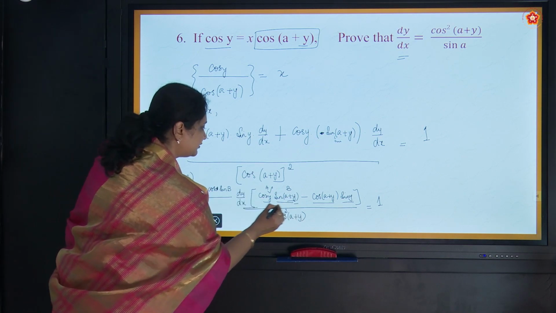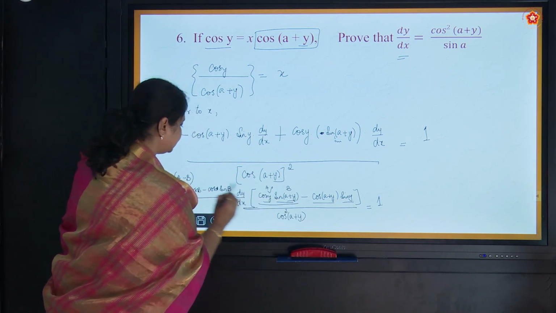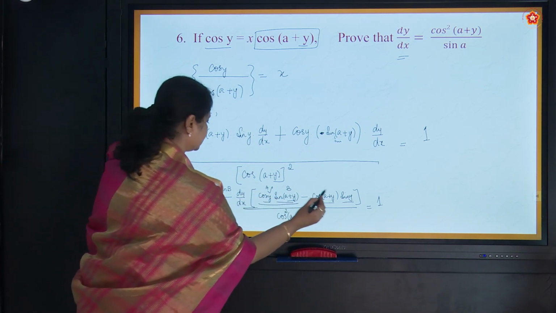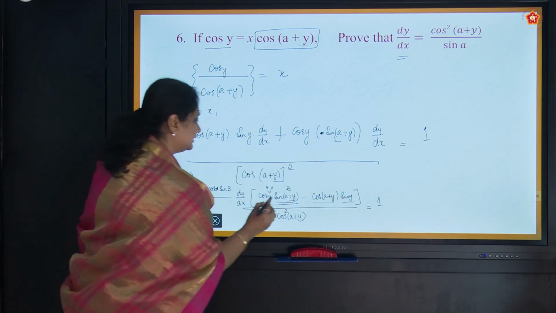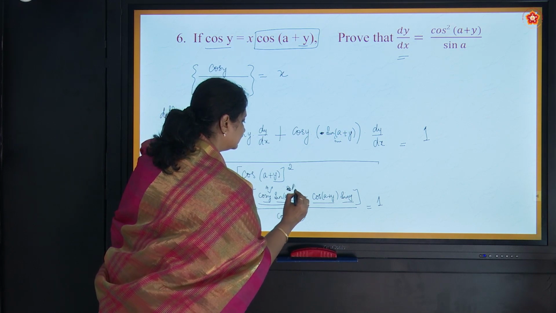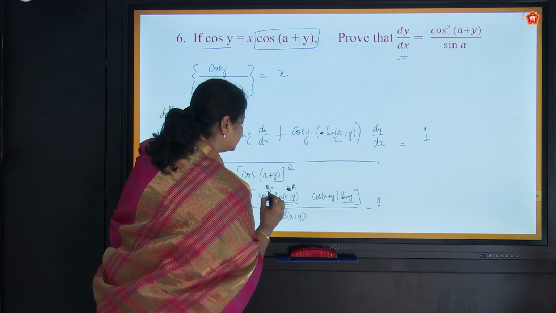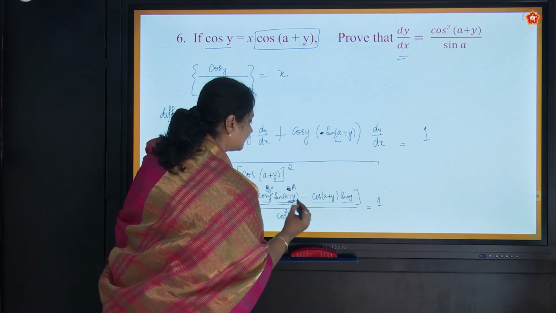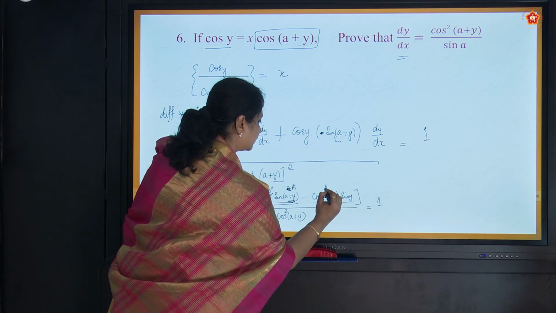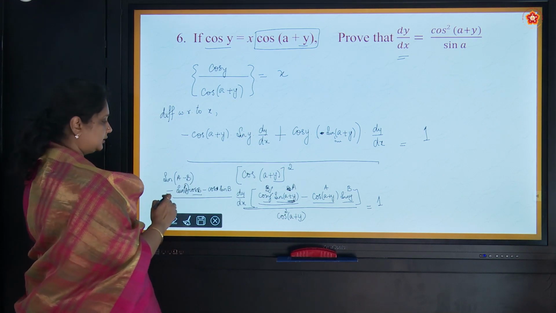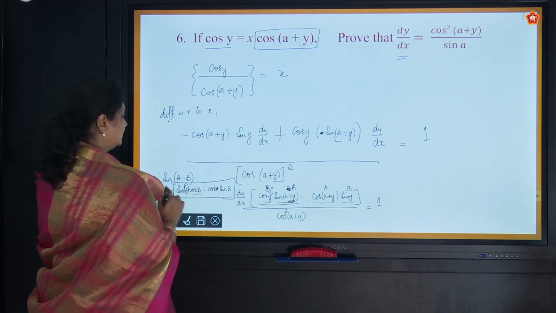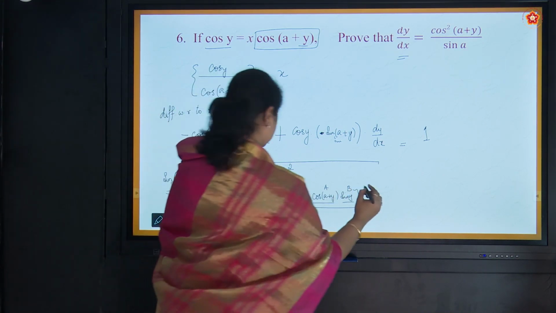So this is also of the same form: sine of something into cos of something minus cos of something into sine of something, right? So my a is this and my b is this. If you compare with this, you will get to know that we are using this identity here, sine (a minus b).